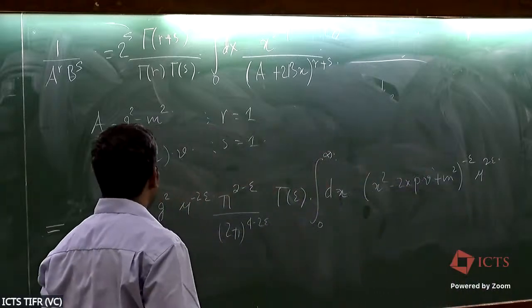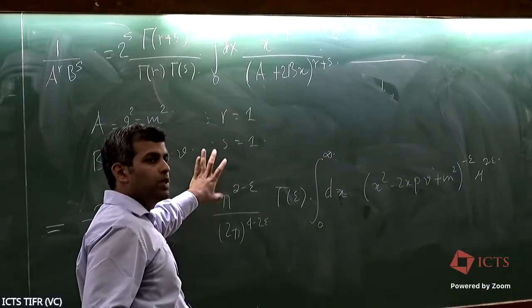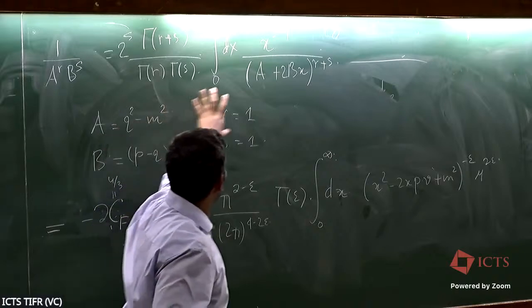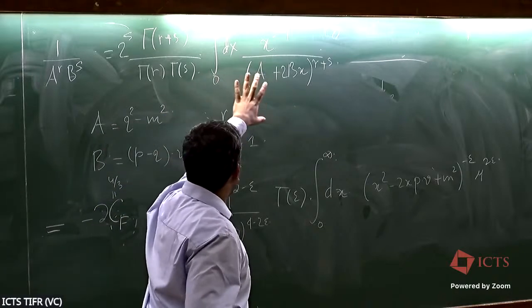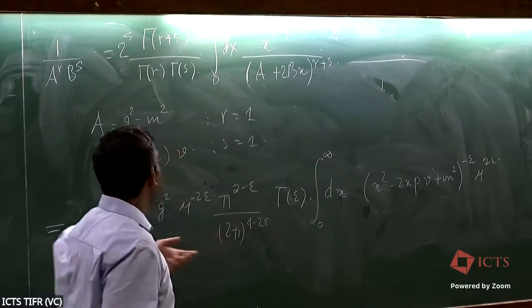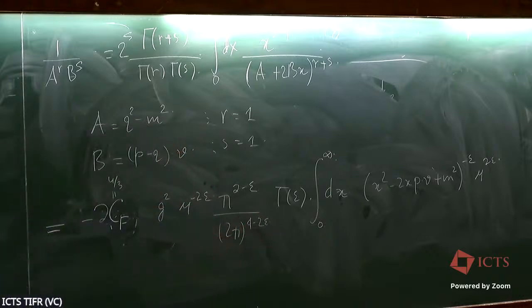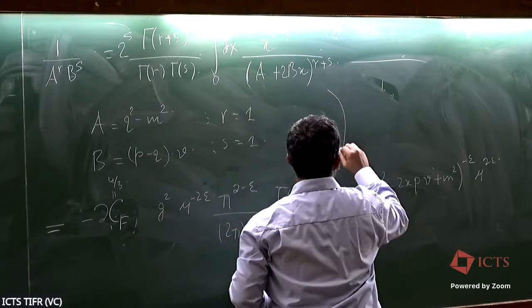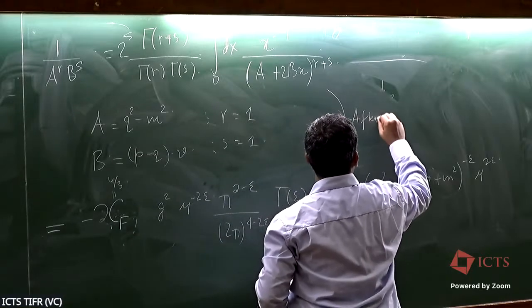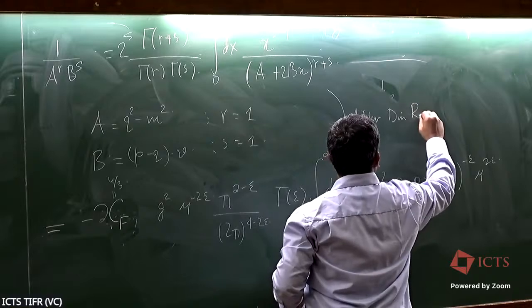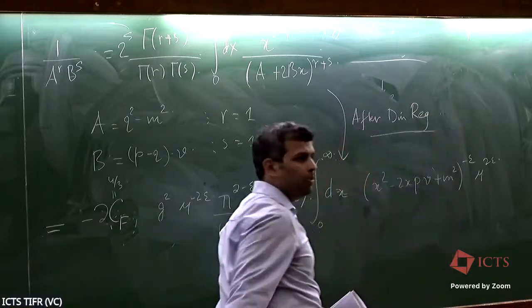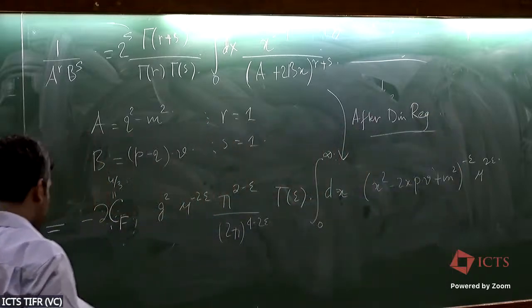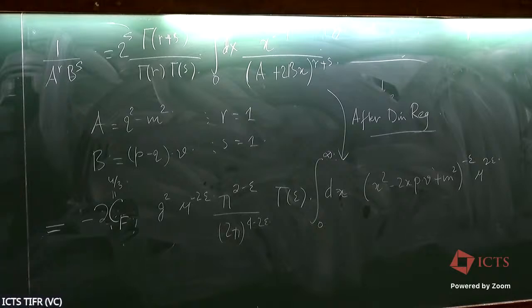To arrive at this point, I have used dimreg, okay? After I simplify, use this identity, I have to use dimreg over d^dq. This is the result that we will end up getting, where only the x integration is left. More details will be in the notes, but here I don't want to go into that part.